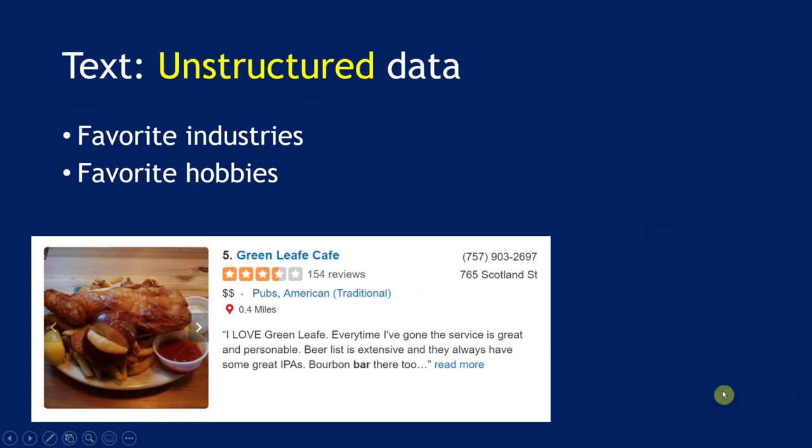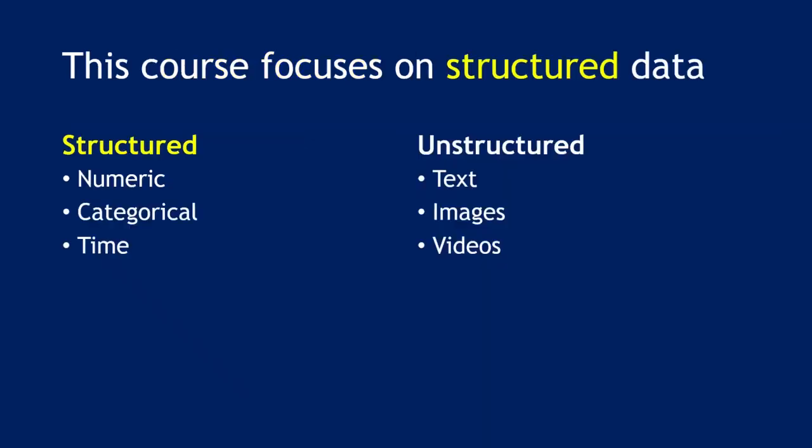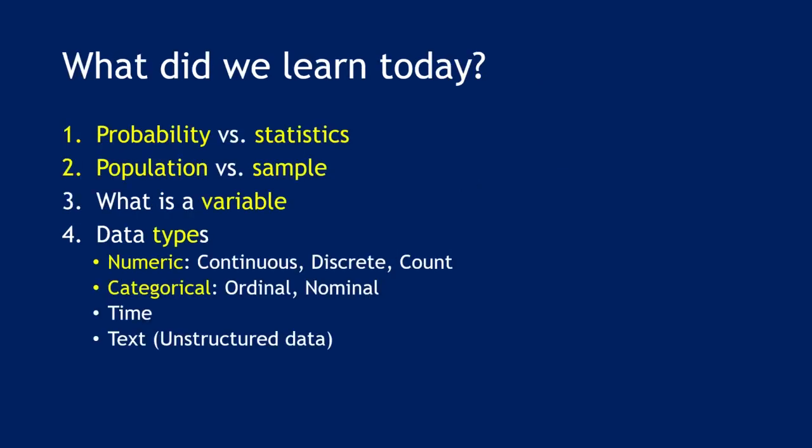That can be analyzed, but we are not going to talk about how to analyze that in this course. Tweets, for example, are very commonly available unstructured data that we get all the time. So this course is focused on structured data: numeric, categorical, and time. The unstructured data, text, images, and videos are beyond the scope of this course. You can take additional courses on these if you're interested.